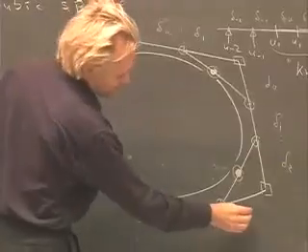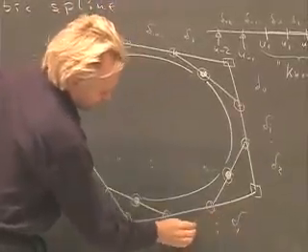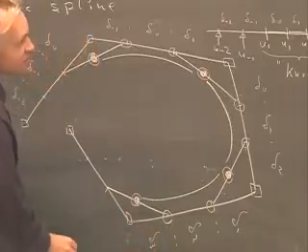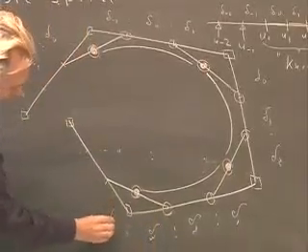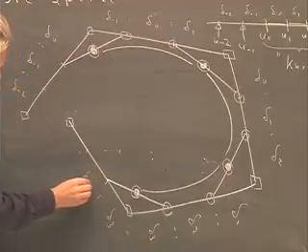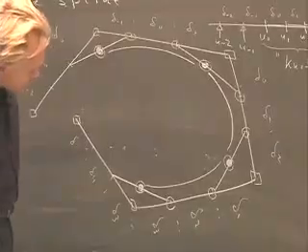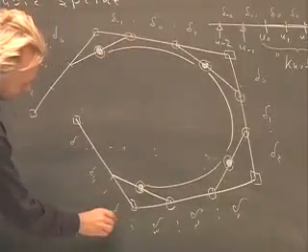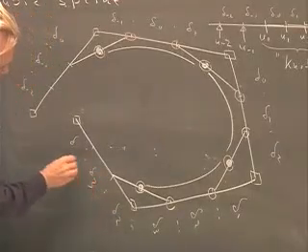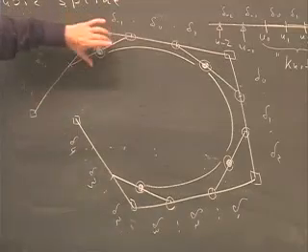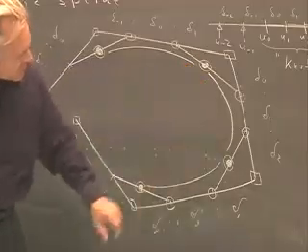The next one has to be delta 1 to delta 2 to delta 3. And the last one will be delta 2, delta 3, and delta 4. And that's it.